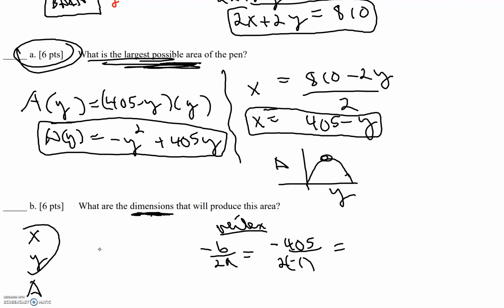Maybe it would be better to leave it as a fraction. But if we put it in decimal form, that's what you got. So that's actually one of my answers. That's x. No, sorry, that's y. That is y. That's my y value.